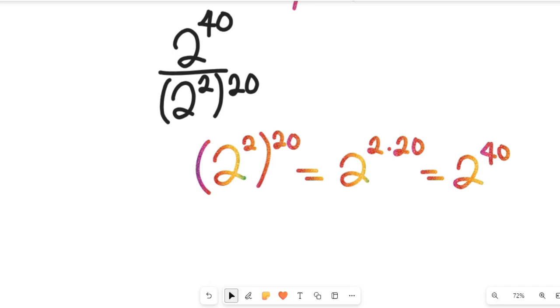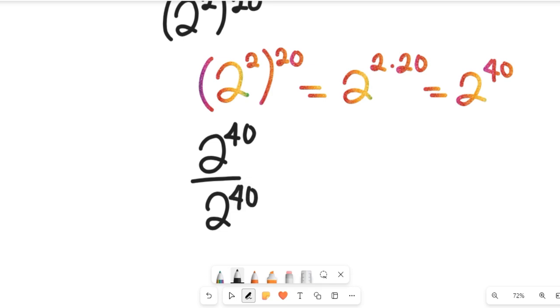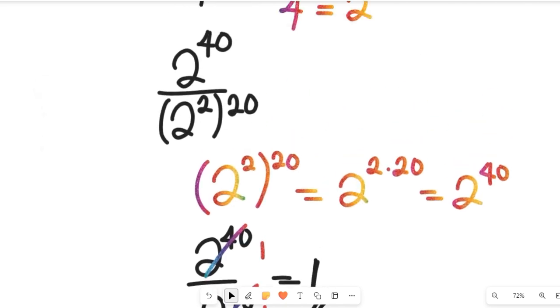Good. So that means that expression can now give us 2 to the power of 40 divided by 2 to the power of 40. And what would that give us? This will give you 1 and this will give you 1. So that expression will be equal to 1.